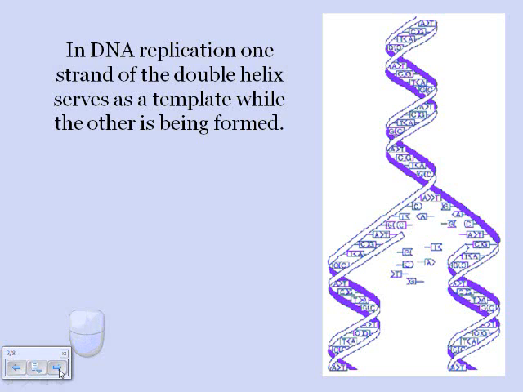So, what's going to happen is that one side of the DNA will start to serve as the template. The blue strand is going to be built based off of the red strand. So it depends on what the strand says.